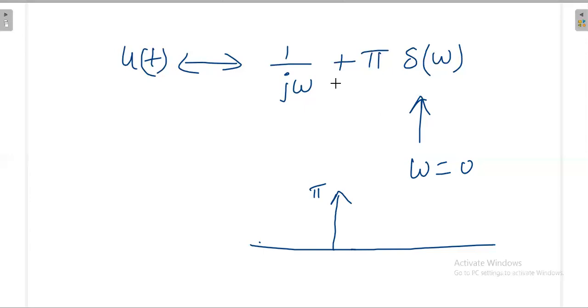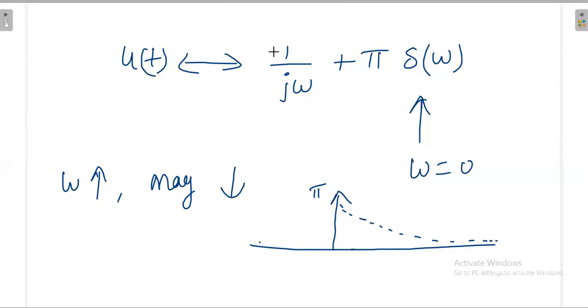But if you choose other frequencies, then it is gradually decreasing, going to 0. This is the frequency domain representation. When you increase the frequency, the magnitude is decreasing, but exactly at omega equal to 0 you are getting something.